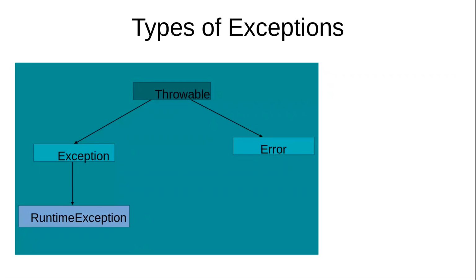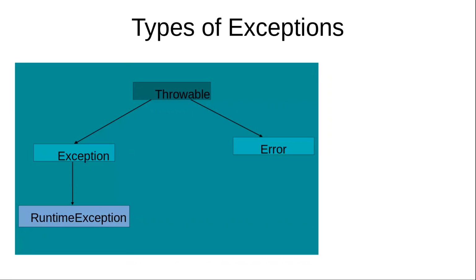Whenever there is a problematic condition arising inside a code which can be handled by the program, then it is an exception. Such problems which cannot be handled by the program are called errors. So they are listed in such a way.